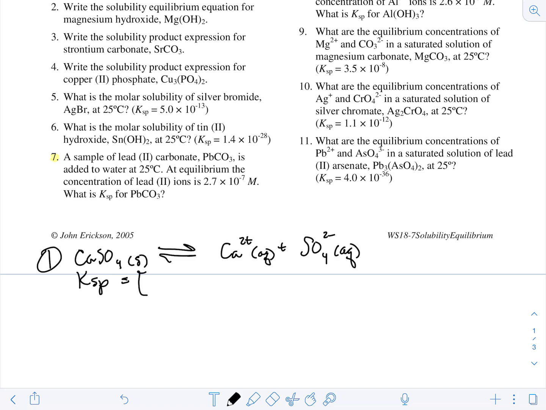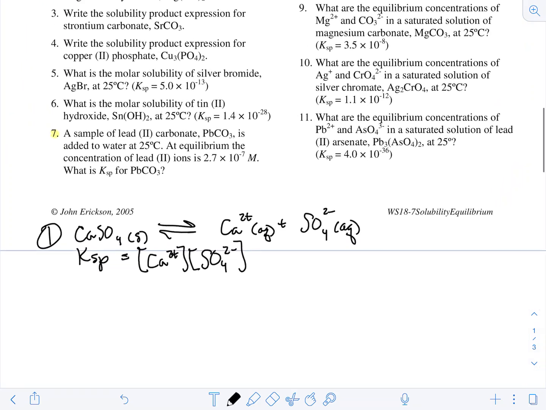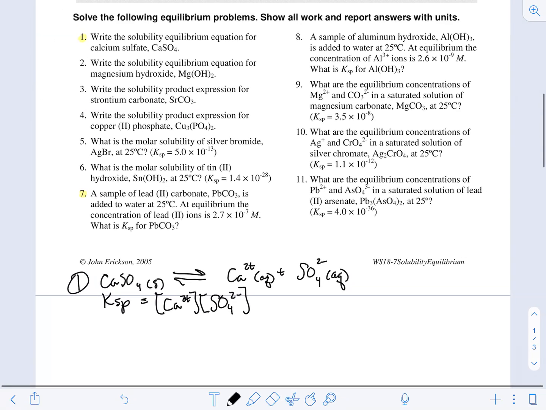Now I want to write the equilibrium expression. So I want to say Ksp is equal to brackets, the concentration of calcium times the concentration of sulfate. Okay, so that is number 1.